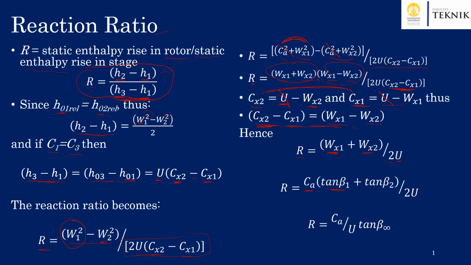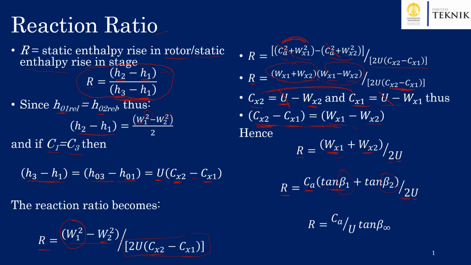Or we can also look from the perspective of the axial velocity and the relative flow angle, or beta. This is at the inlet and this is at the outlet of the rotor, and the reaction ratio becomes Ca multiplied by the tangent of beta 1 plus the tangent of beta 2, divided by 2 times the blade speed.